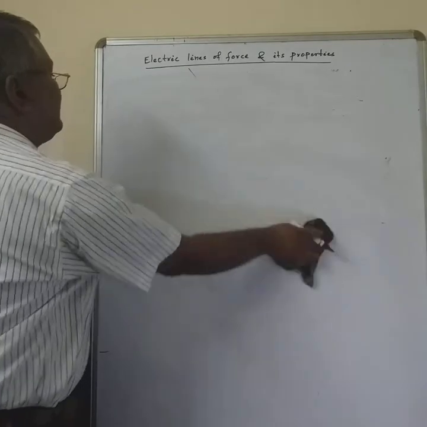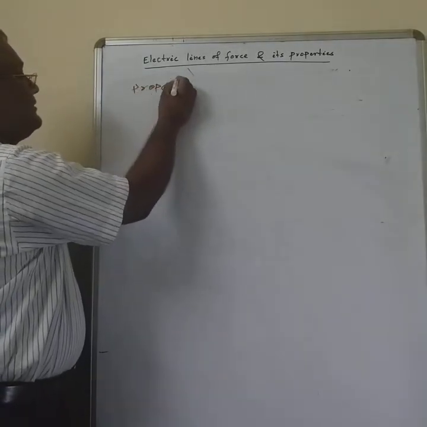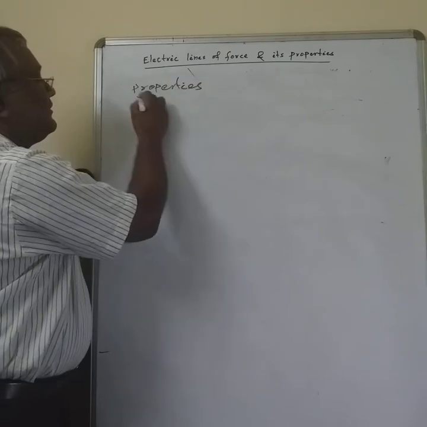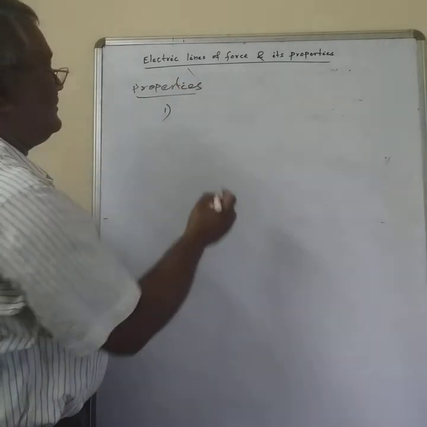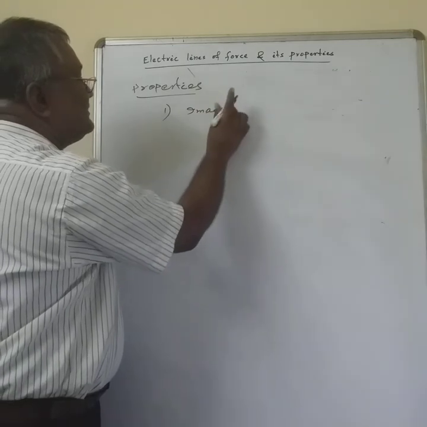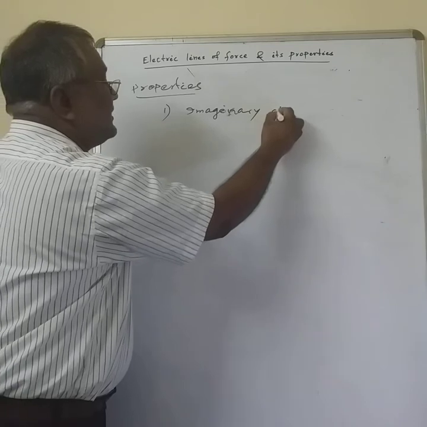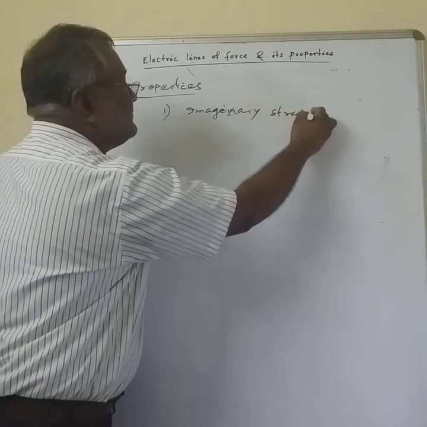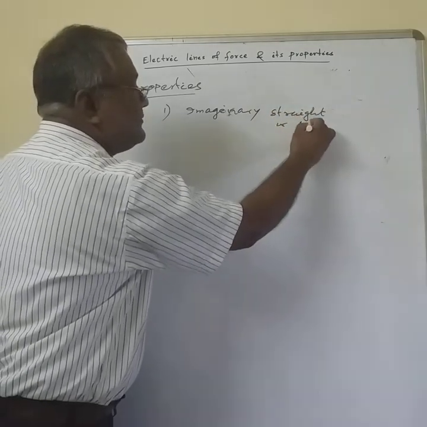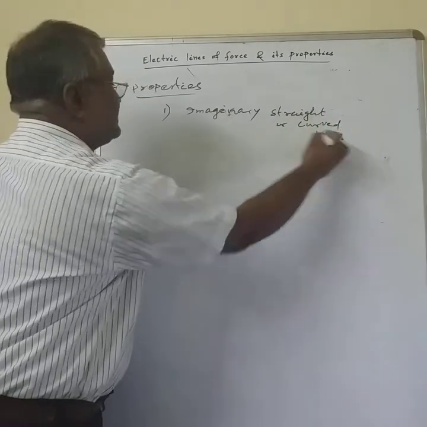Number 1, properties. These are very important. Number 1, these are imaginary straight or curved lines. This is the first property.